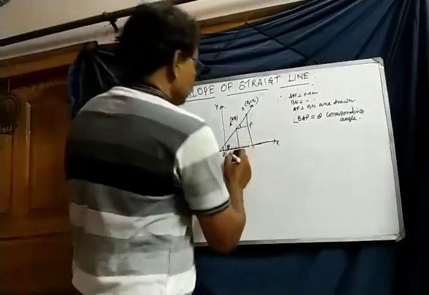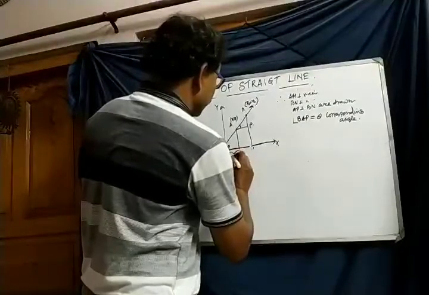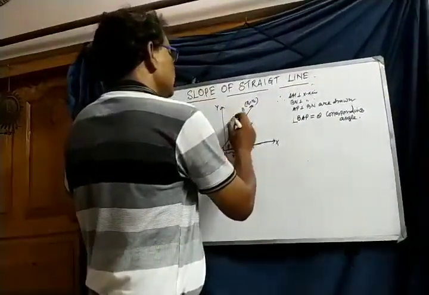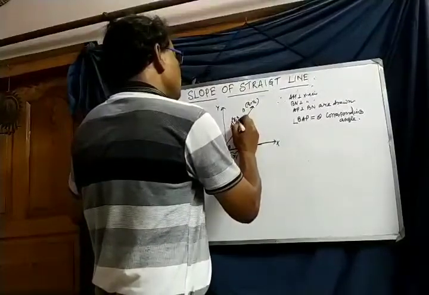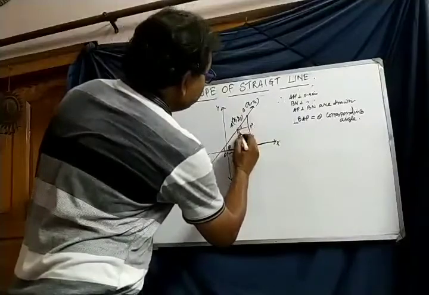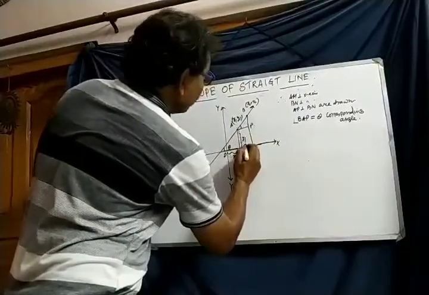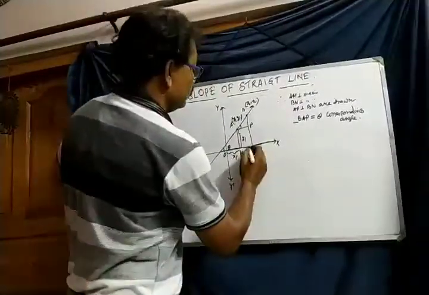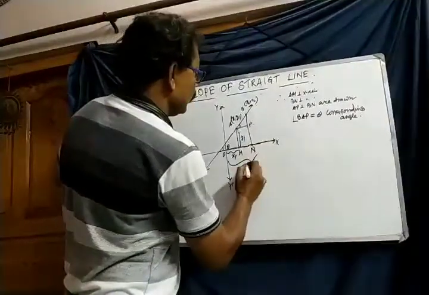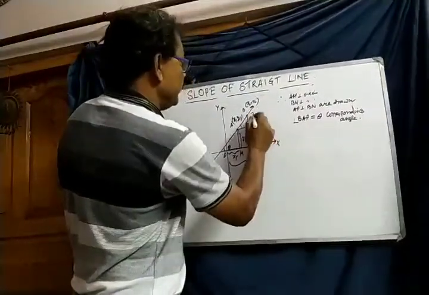Now, OM is equal to x1 according to the given coordinates of A, (x1, y1). So OM is equal to x1 and AM is equal to y1. And ON is equal to x2, whereas BN is equal to y2.